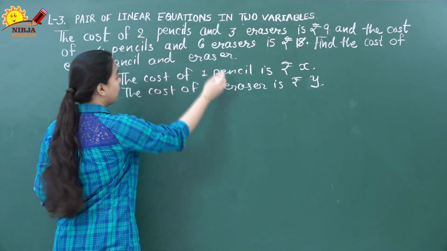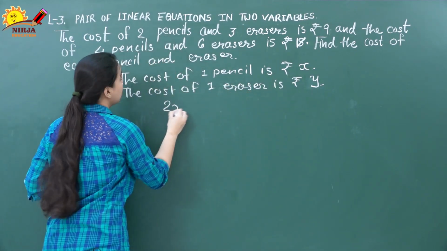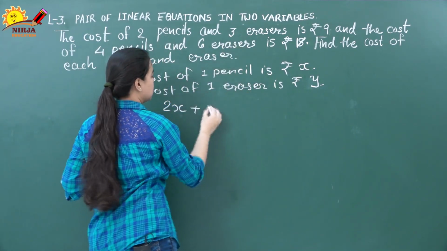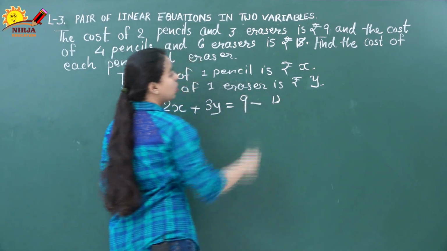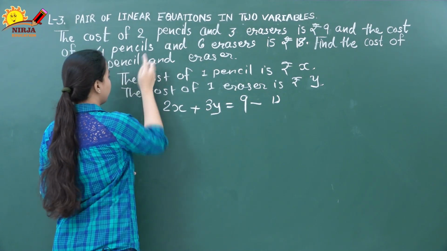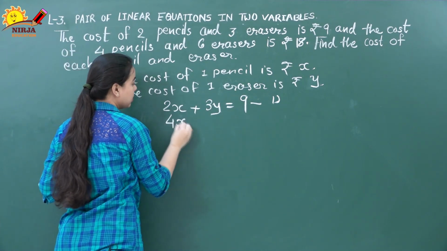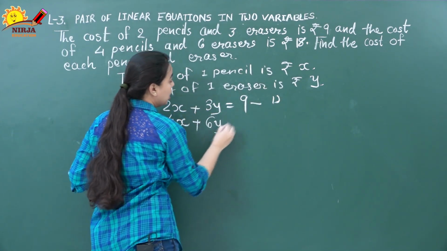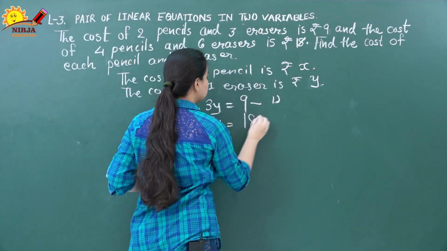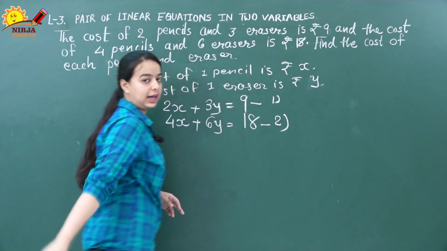The cost of 2 pencils, that means 2x, plus 3 erasers, 3y, is equal to 9. This is our equation 1. The second one is the cost of 4 pencils, that means 4x, plus 6 erasers, 6y, is 18. Let's consider this as our second equation.